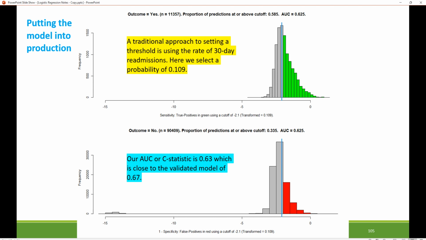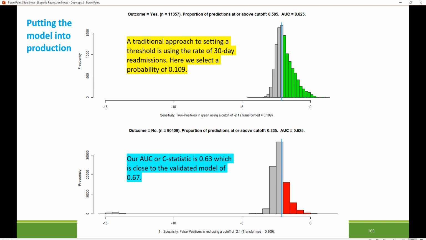So that's actually encouraging to see that our area under the curve is not too far off from our regression model.